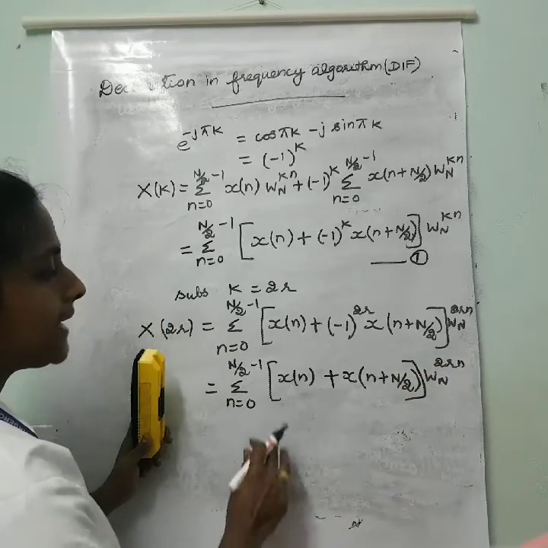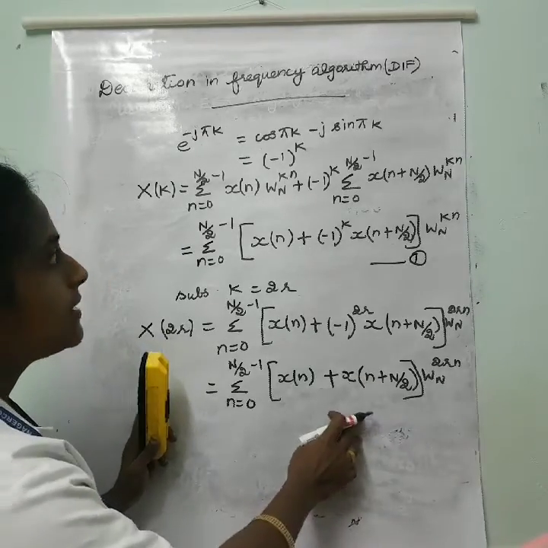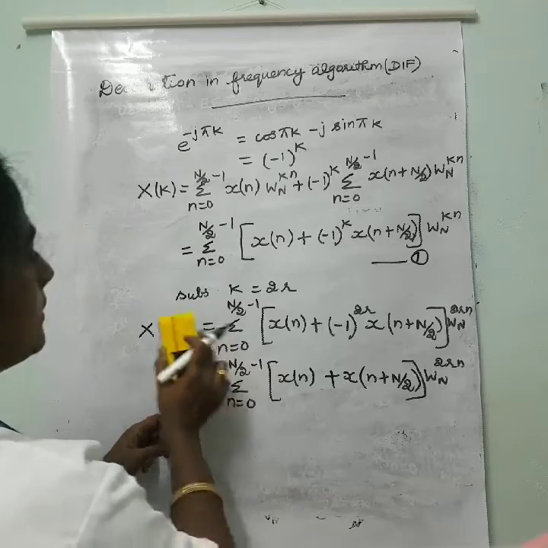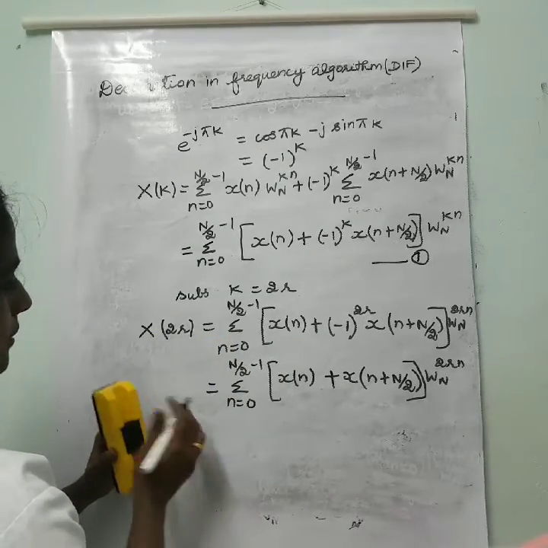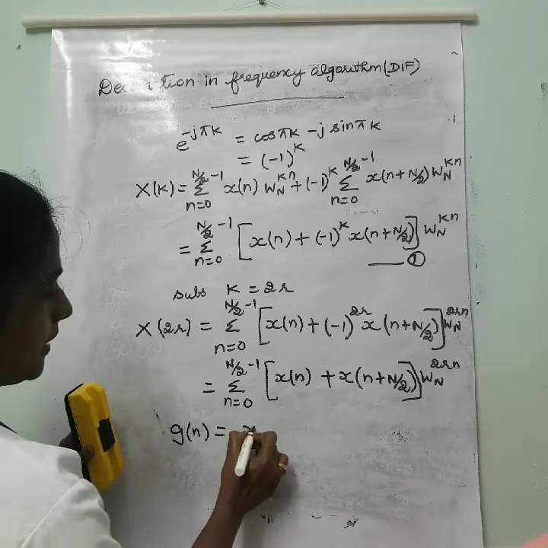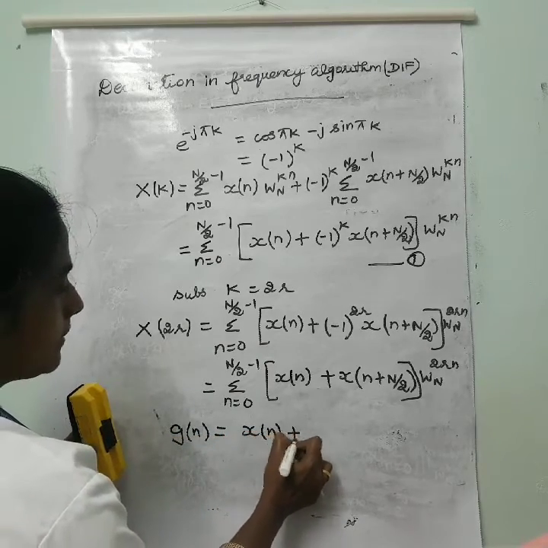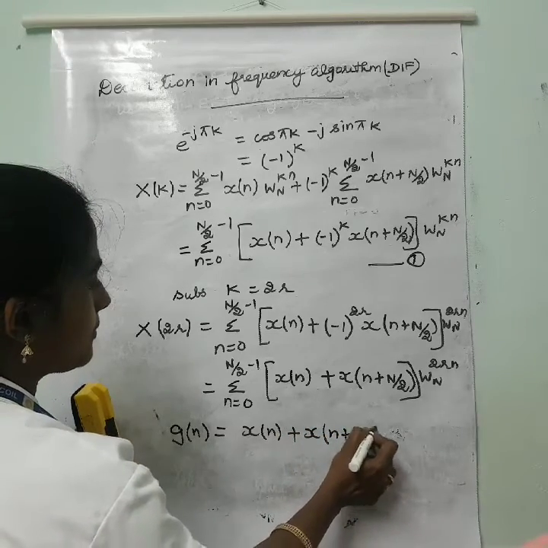Now you can take this value as g of n. So g of n is equal to x of n plus x of n plus n divided by 2.